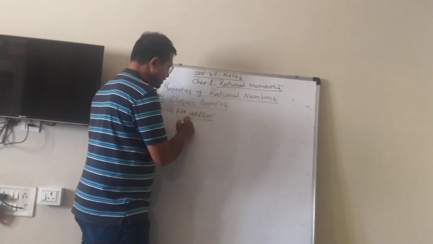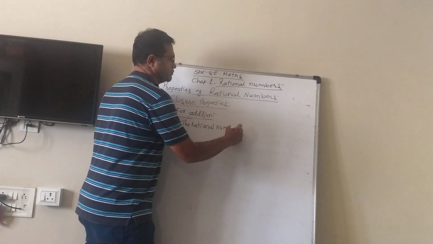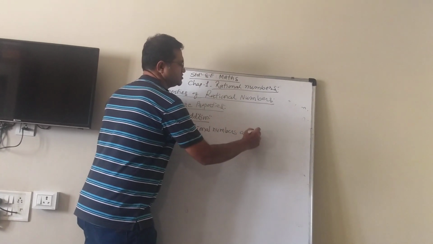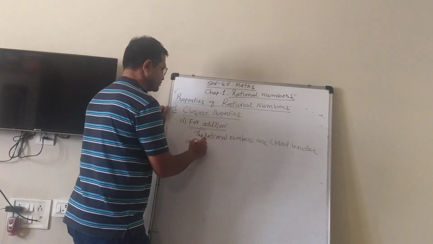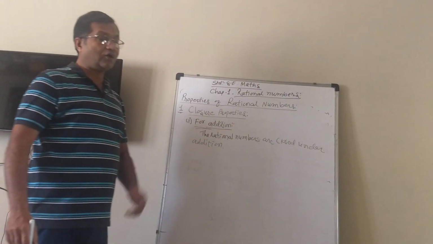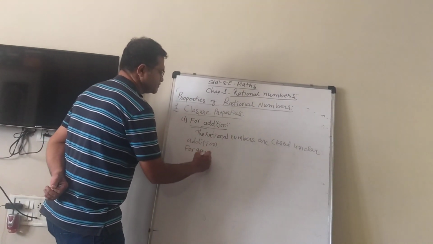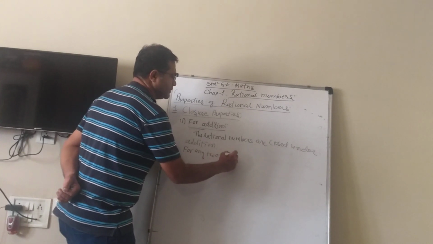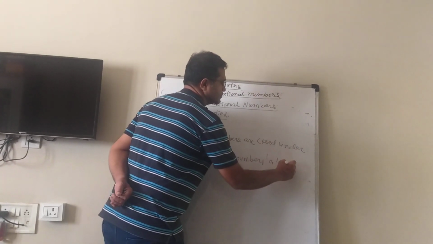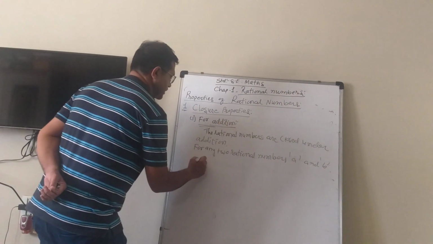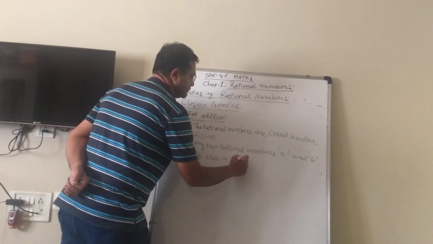So we will write down: the rational numbers are closed under addition. If we write in notation, then we can say that for any 2 rational numbers A and B, A plus B is also a rational number.